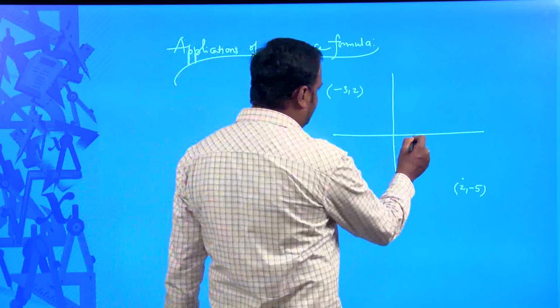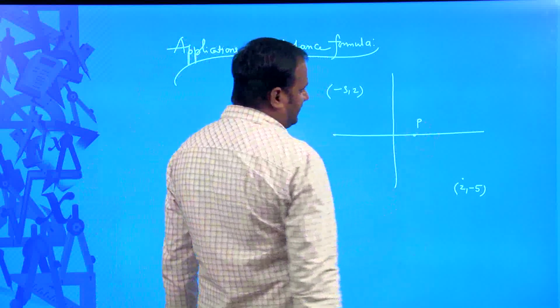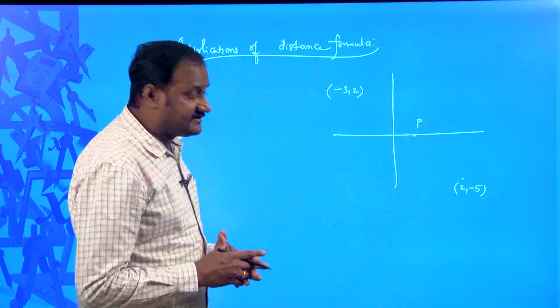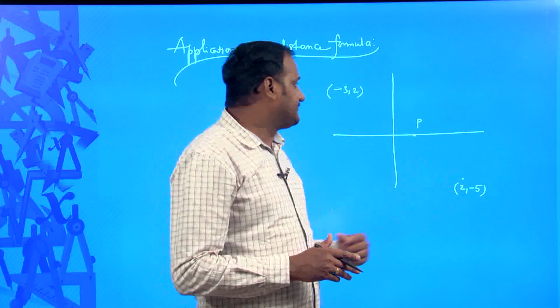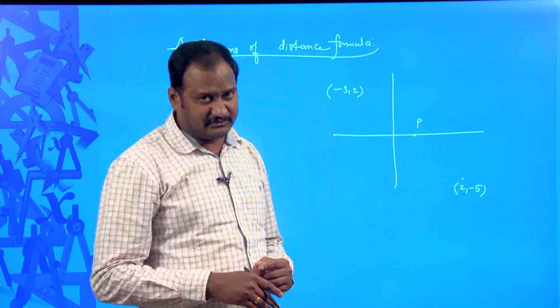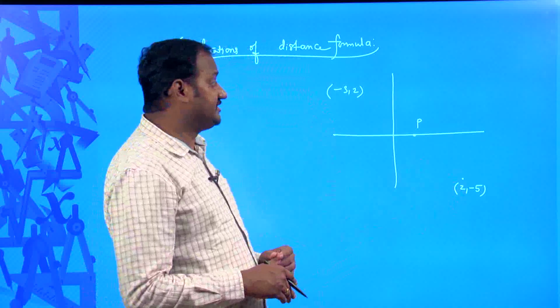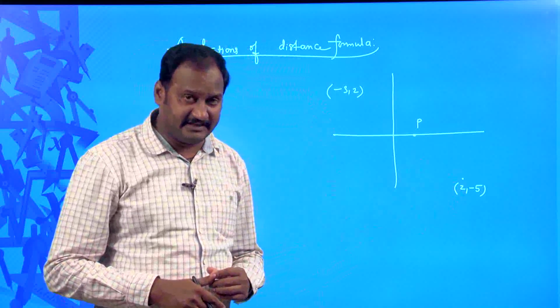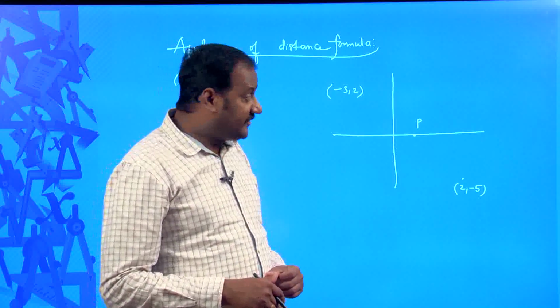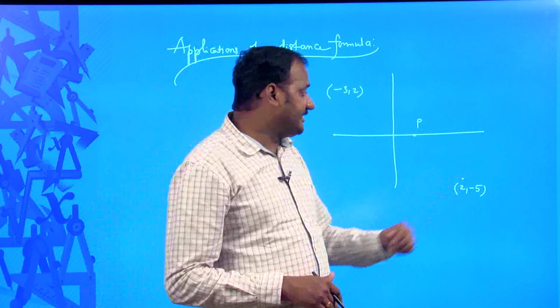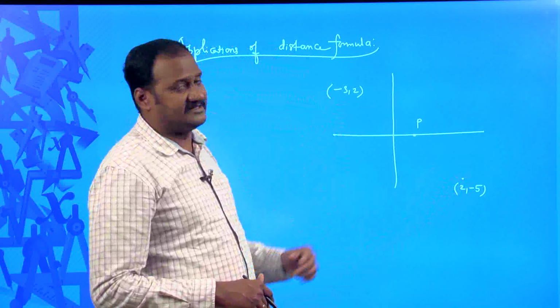Suppose this is a point on the x axis. Find out a point on the x axis equidistant from 2 comma minus 5 and minus 3 comma 2. Hope you understand what the problem is that I am going to give you. That is, find out a point on the x axis equidistant from 2 comma minus 5 and minus 3 comma 2.